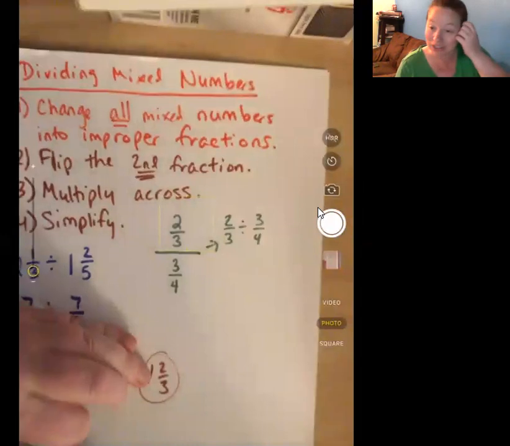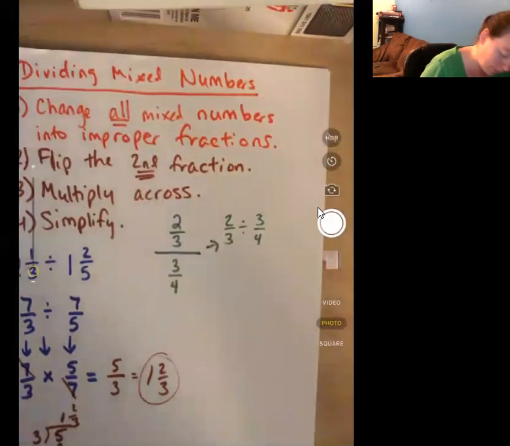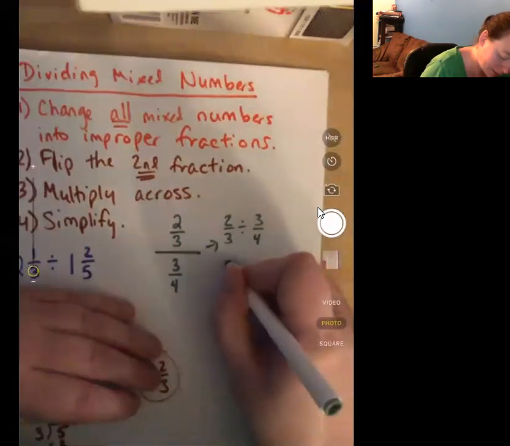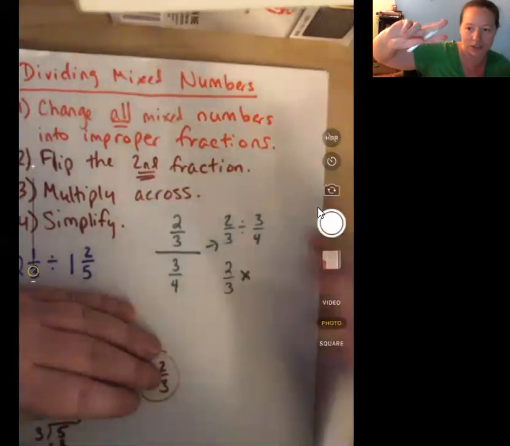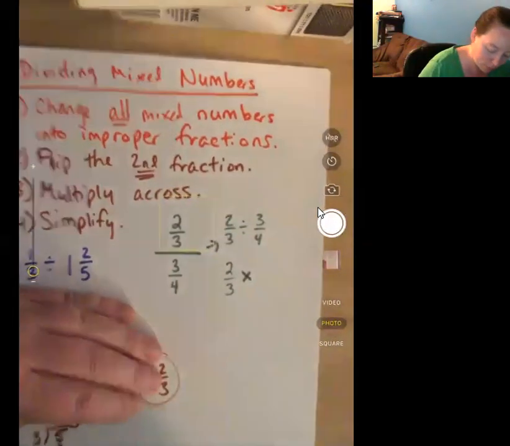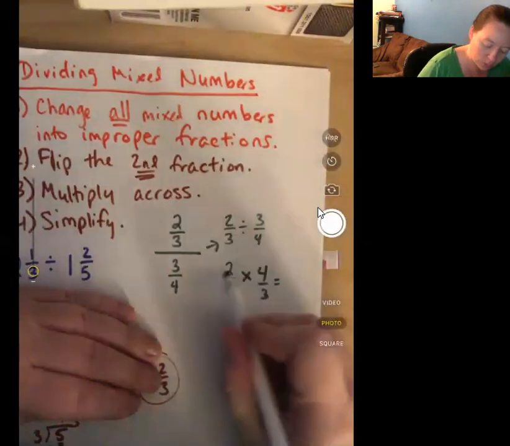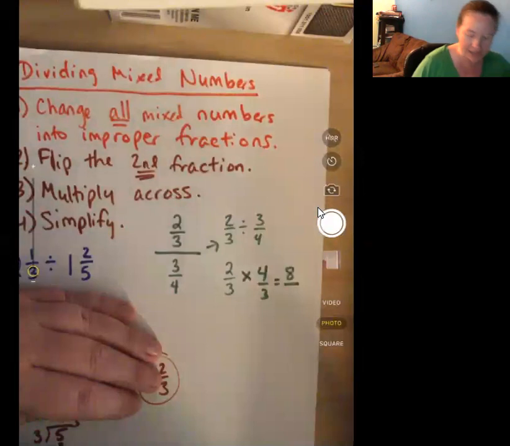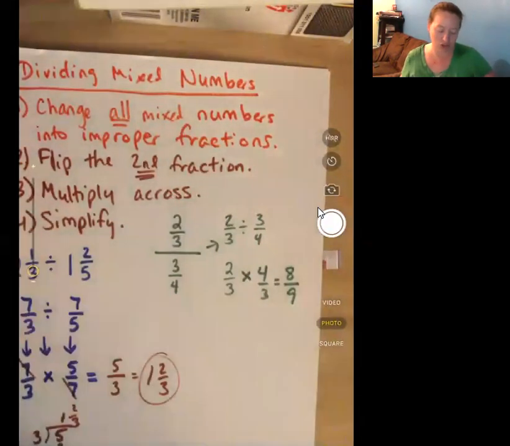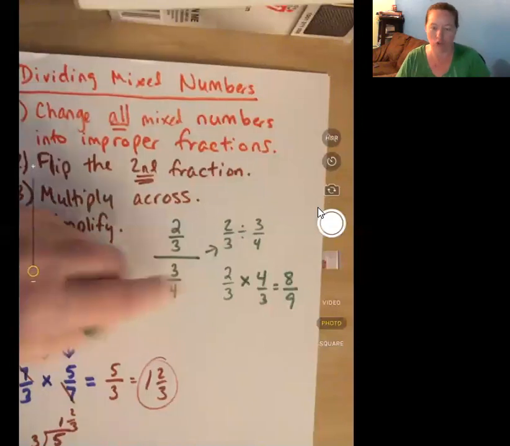It's what it actually means. And then we take the whole thing apart and we go, okay, fine. So the 2/3 stays the same. The division becomes multiplication. The 3/4 flips and becomes 4 over 3. So 4 times 2 is 8. 3 times 3 is 9. And so this 2/3 over 3/4 is actually equal to 8/9.